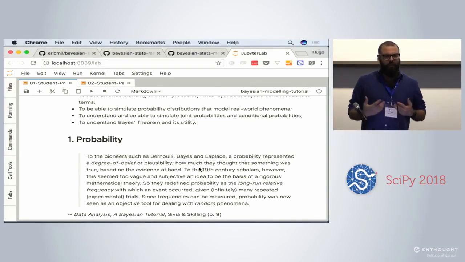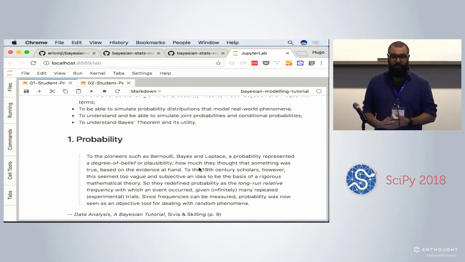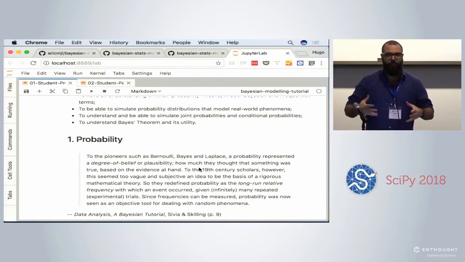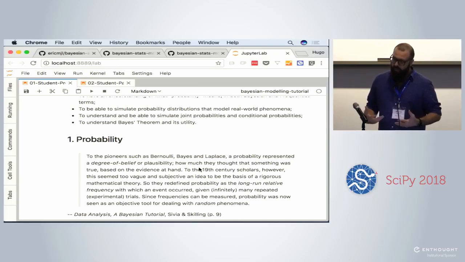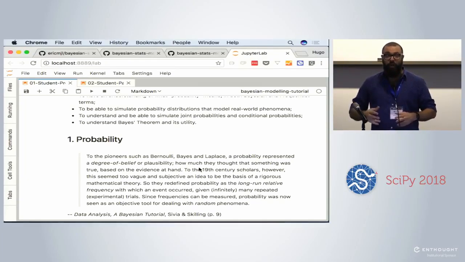This was quite difficult for a lot of working scientists to grasp at that time, and we didn't have computational engines that could really power through the work that needed to be done. And so this idea of frequentism emerged, where probability would no longer represent a degree of belief, but it would really represent the long-run frequency of the experiment, of simulating the probability distribution.